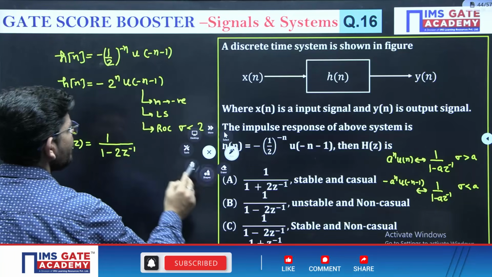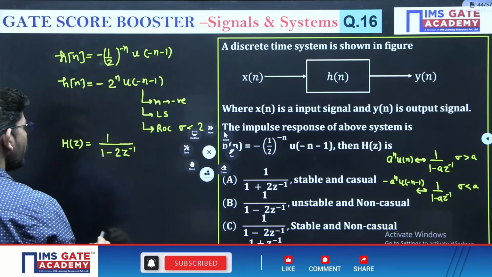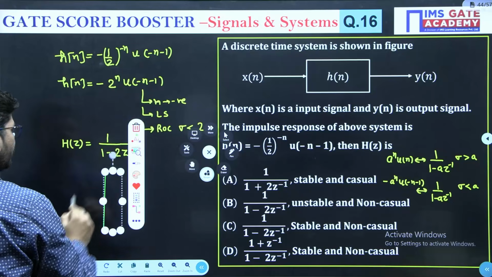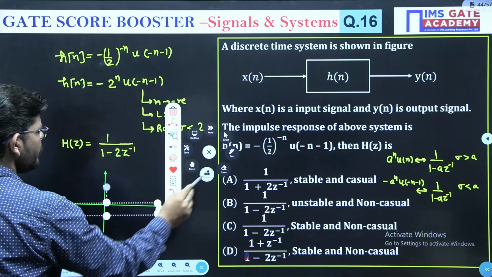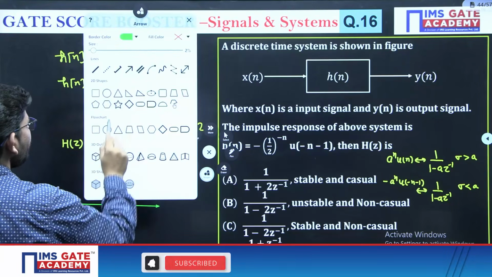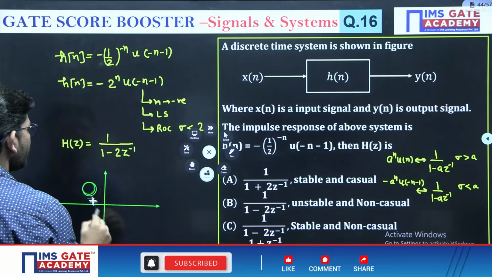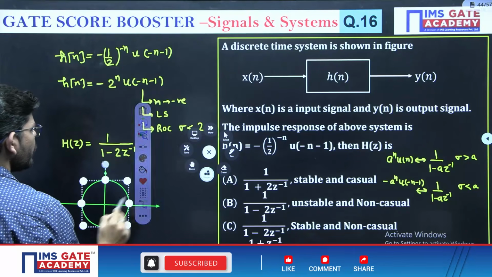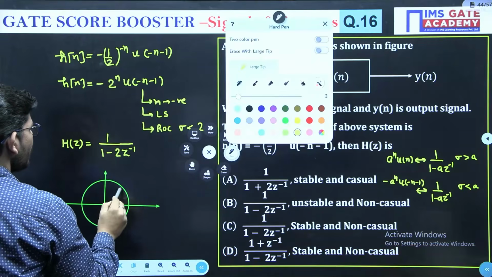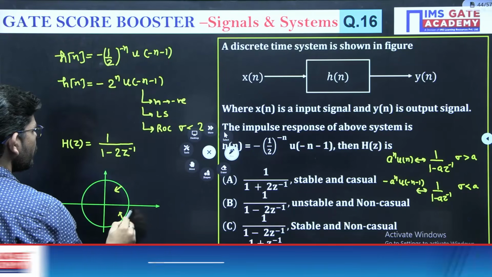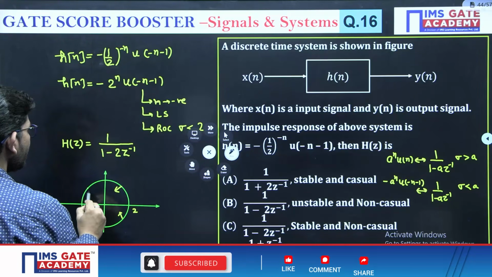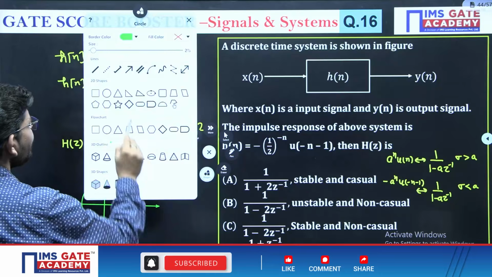Now let us see whether this system is causal, stable, or whatever it is. So we have the ROC less than 2. This is the pole value. The ROC is less than 2. Now, where will be the unit circle?